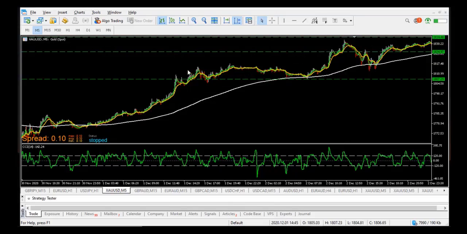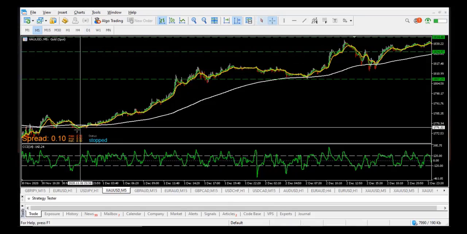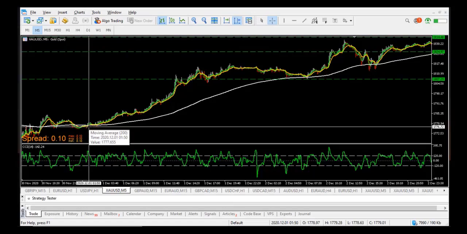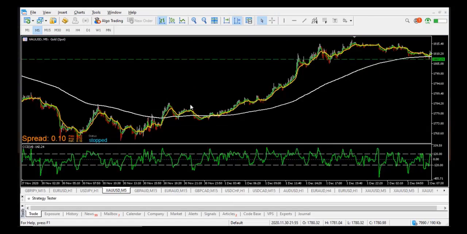You can see this up to 5,000 points, which is about 500 pips, just within using the 5 minutes time frame when trading on gold pair. With this system, this will enable you to minimize your risk and maximize profit.